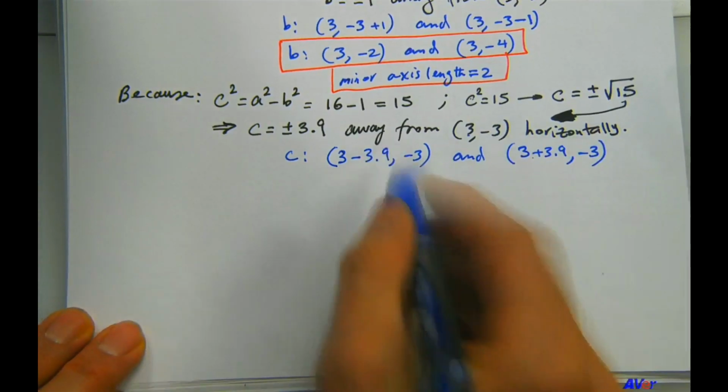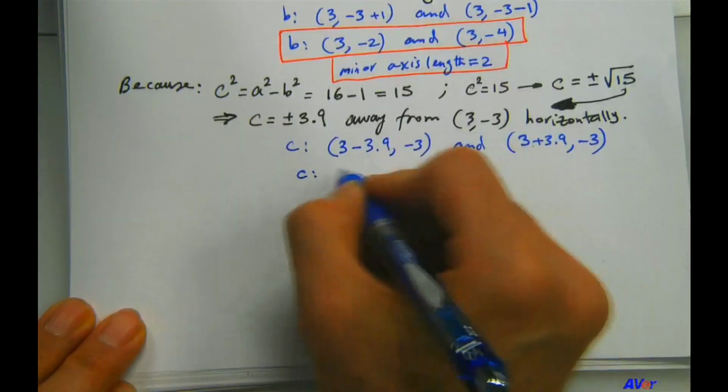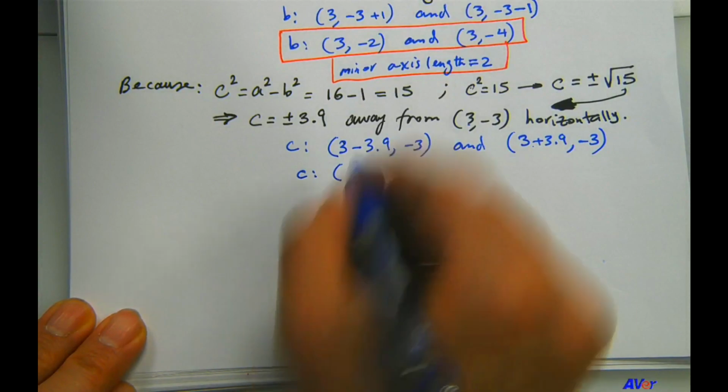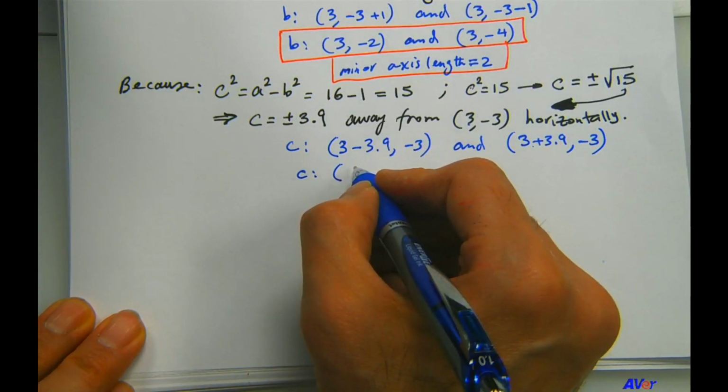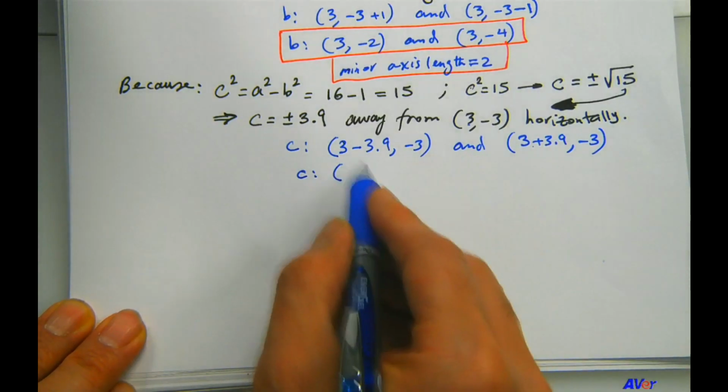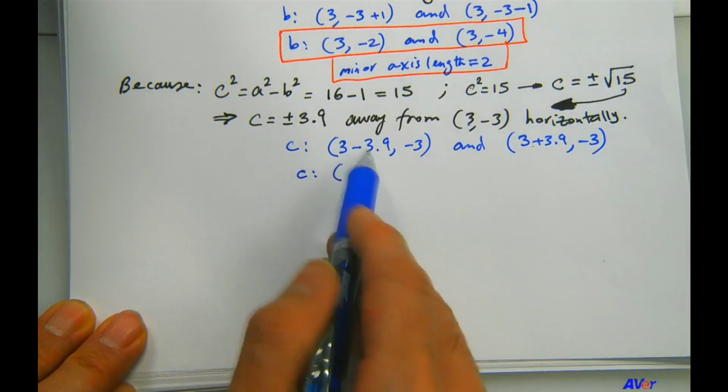Okay, so let's simplify this. This will be minus 0.9. Right, so let's see where this will land.